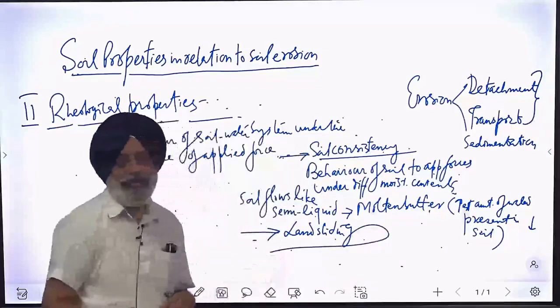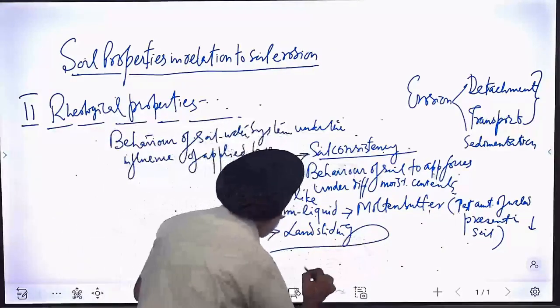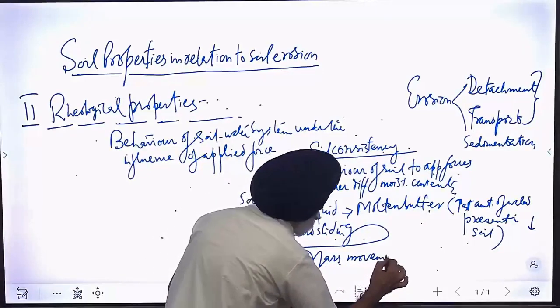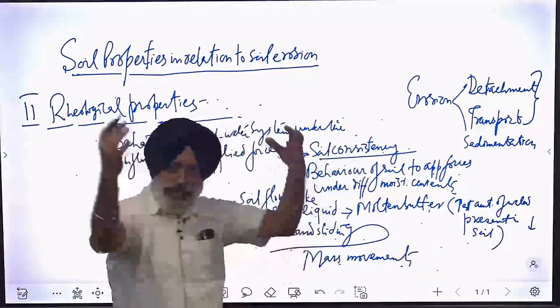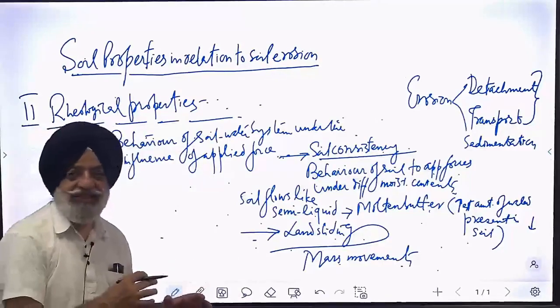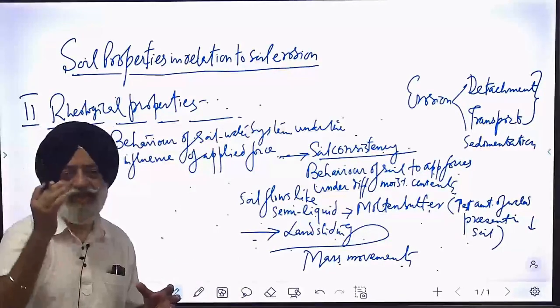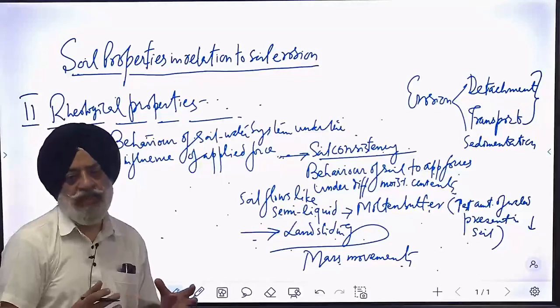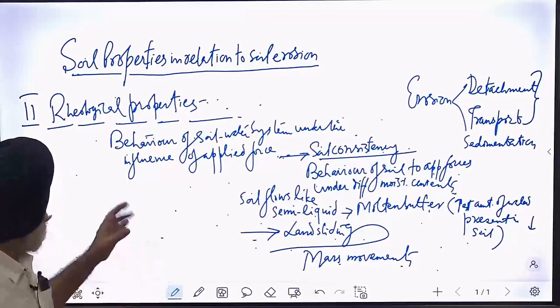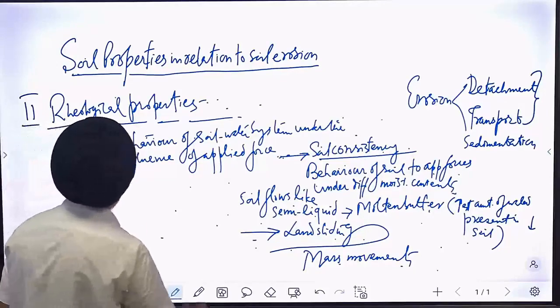That is why landsliding, or even you can say mass movement. So, the whole mass of soil comes down because now the consistency of the soil is such that soil starts flowing easily. So, it no longer gets bound. So, this is how these rheological properties affect.